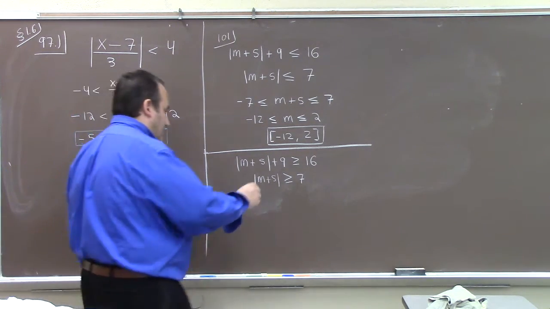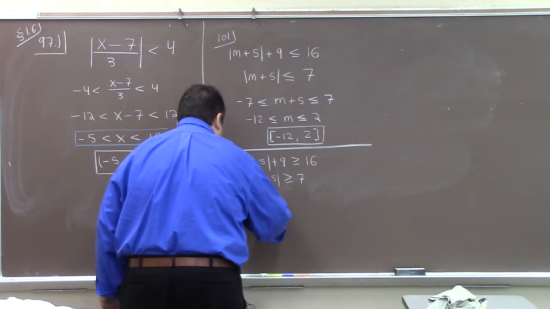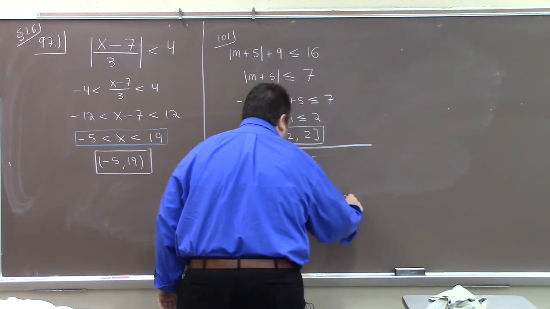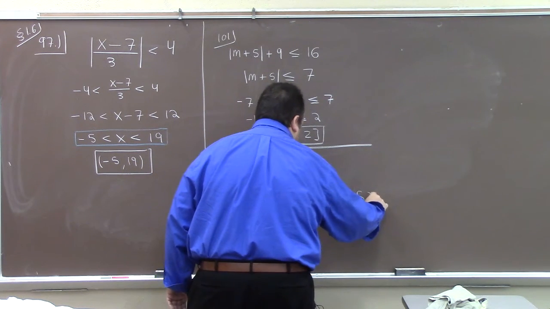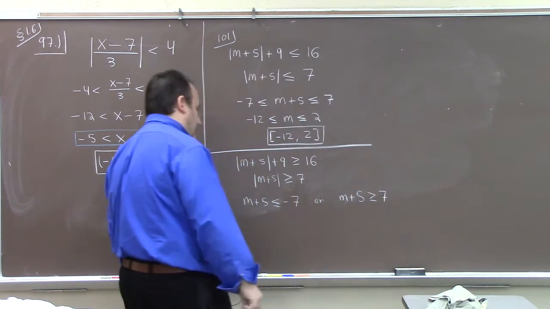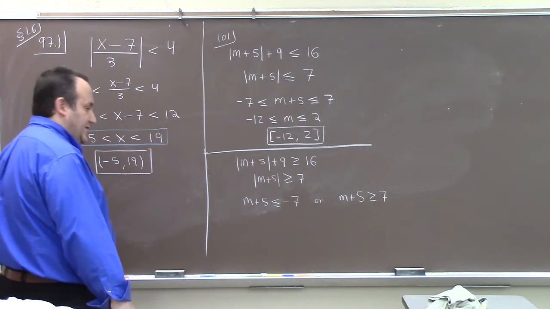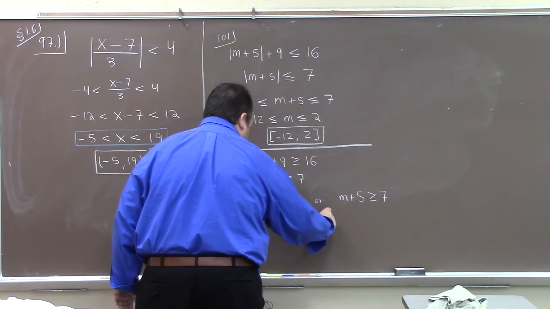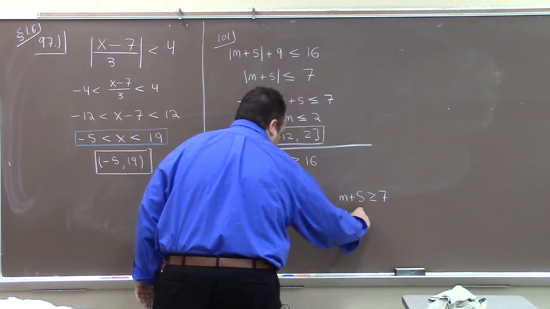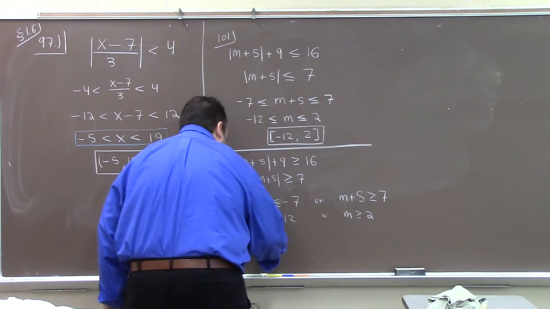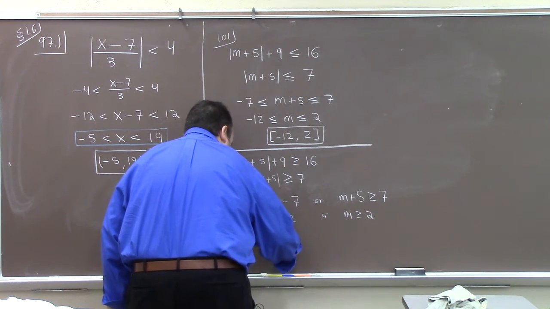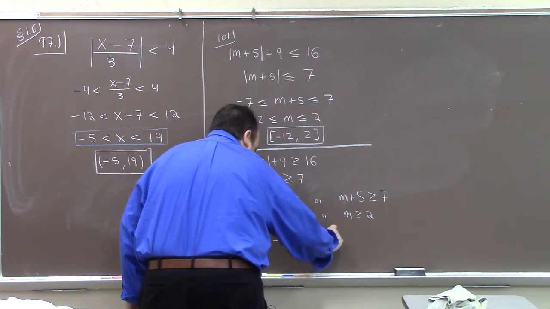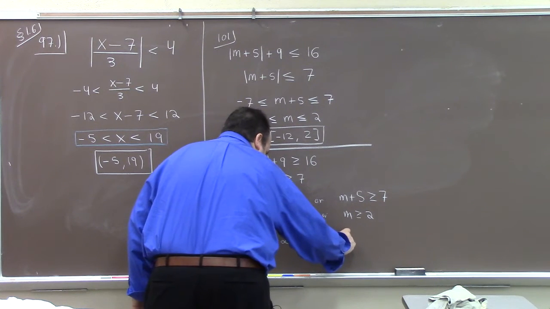Either m plus 5 is less than or equal to minus 7, or m plus 5 is greater than or equal to 7, which is to say m is less than or equal to minus 12, or m is greater than or equal to 2.